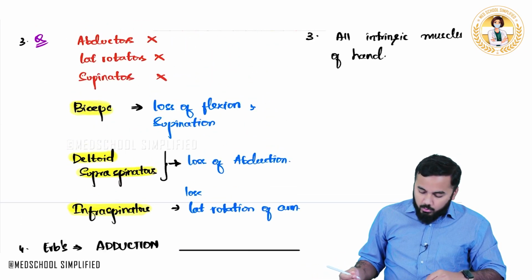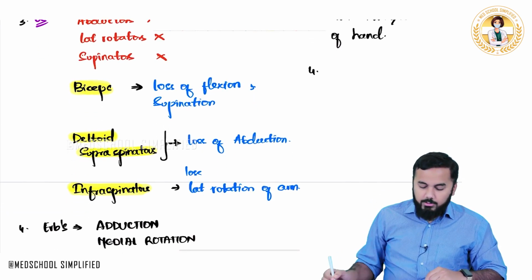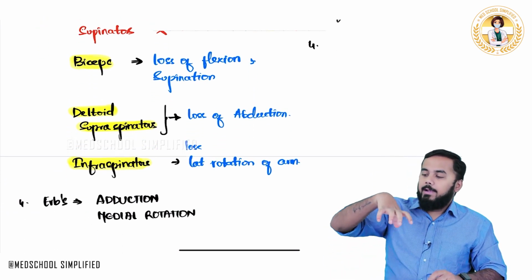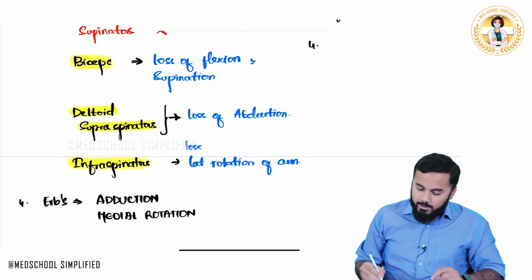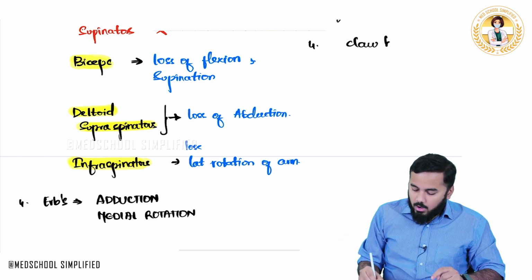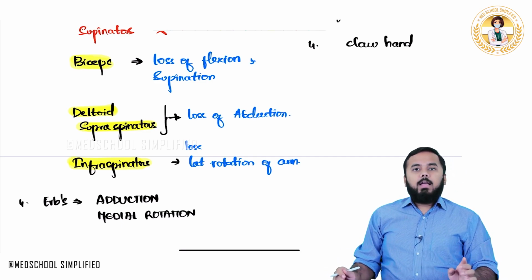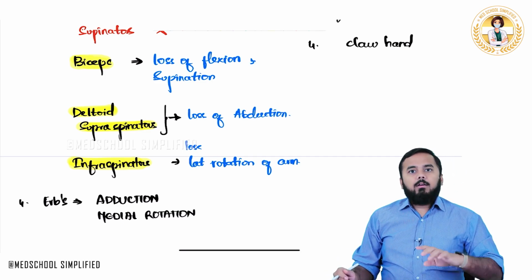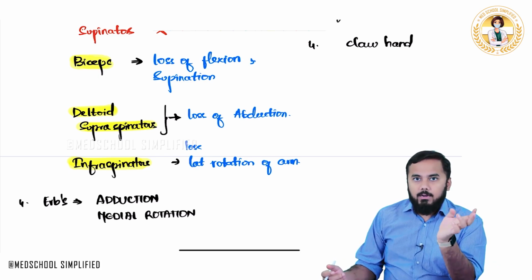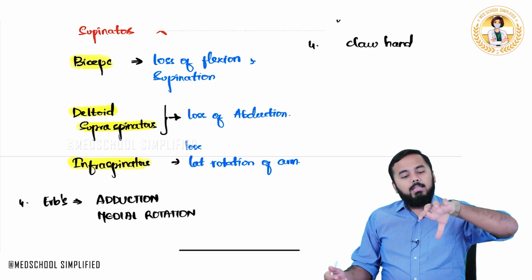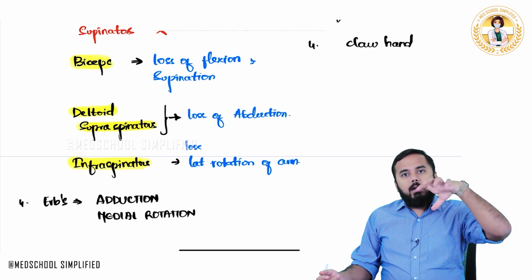Right? When it comes to Klumpke's palsy, what do you see? The hand becomes like this. This is called a claw hand. So remember one very important point, guys, that I told you previously, that ulnar claw is because of the ulnar nerve, right? So here claw hand, in the sense the hand becomes like a claw like this, right?